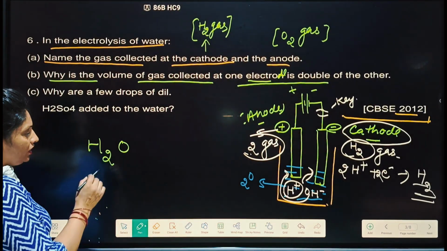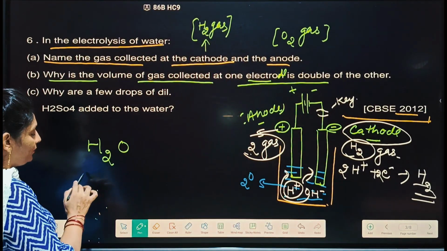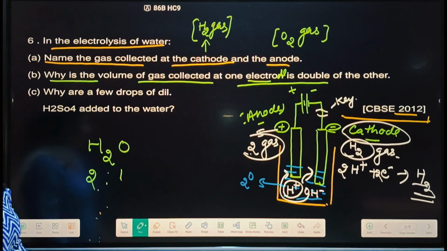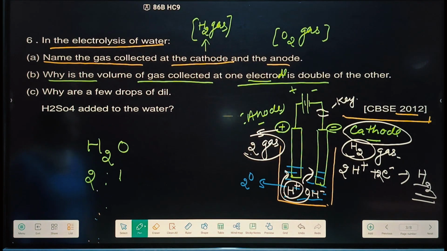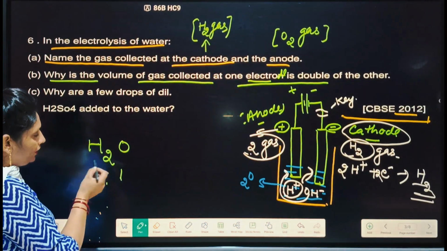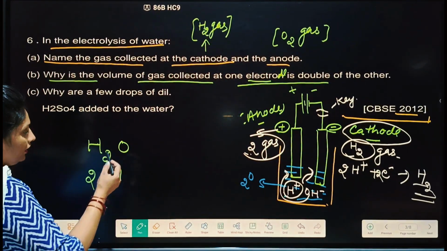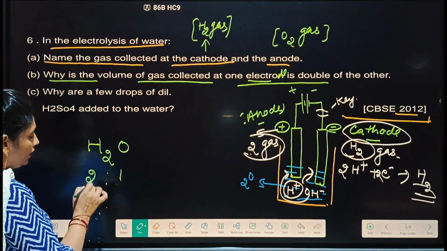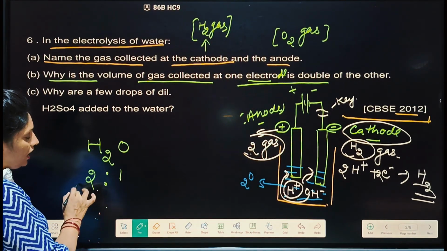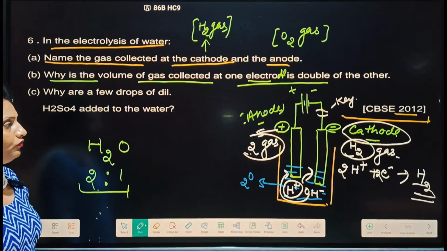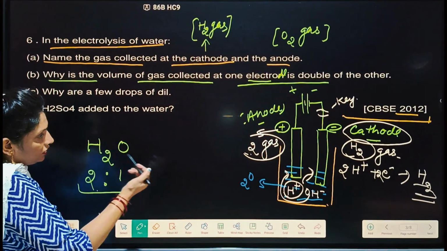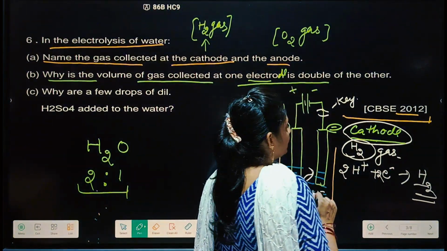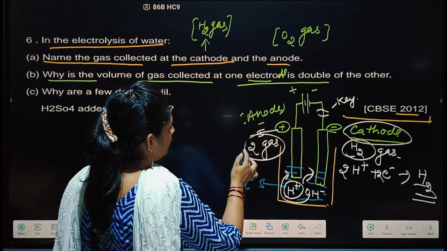Hydrogen and oxygen are in ratio 2 by 1. If we combine two elements of hydrogen, then only one element of oxygen we take. So here, collection of gas also takes place double at the cathode as compared to the anode.